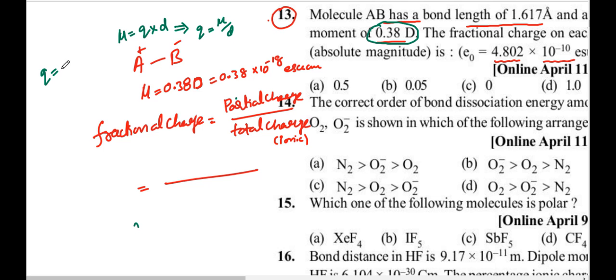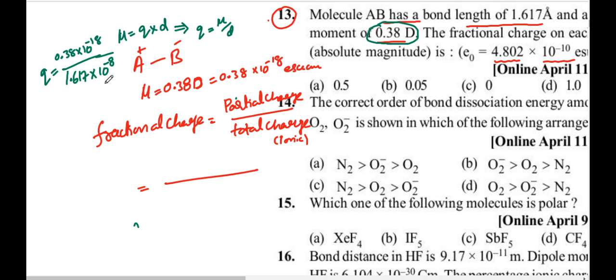Here Q equals the mu value 0.38 into 10 power minus 18, the mu value already given as 0.38 D. Distance is given as 1.617 angstroms, so you take it in centimeters, 10 power minus 8.